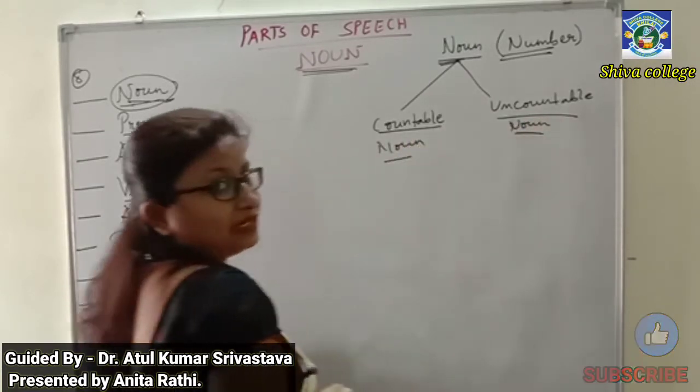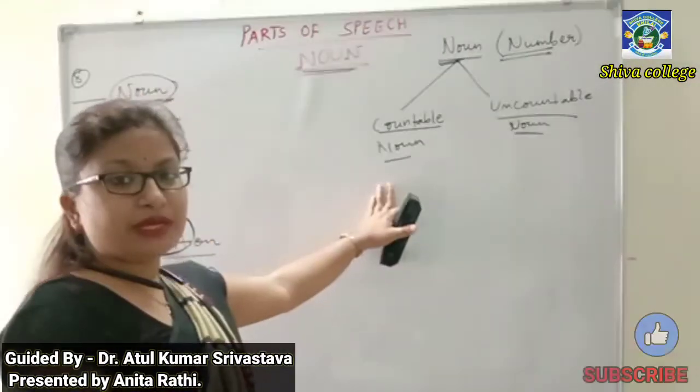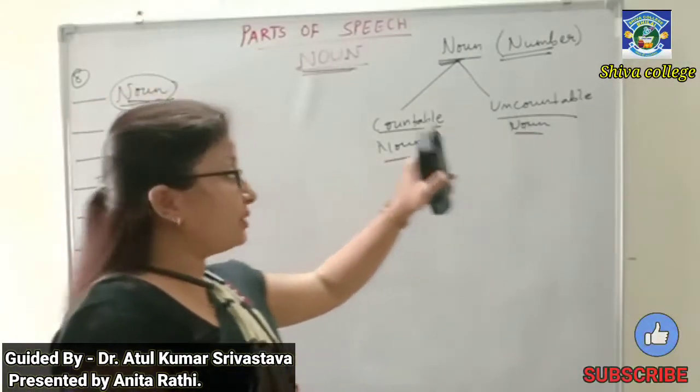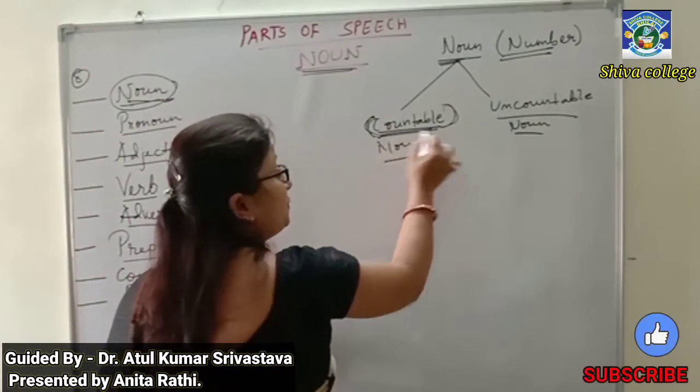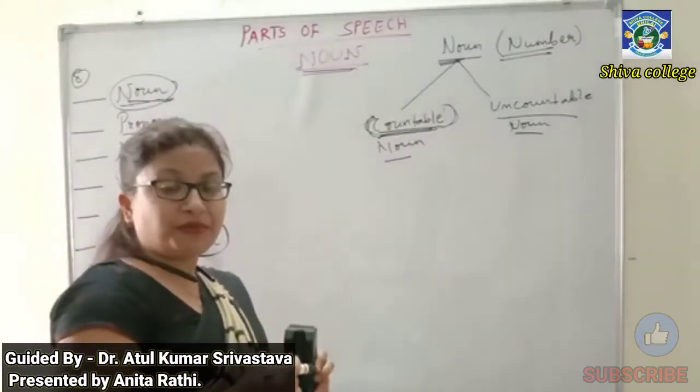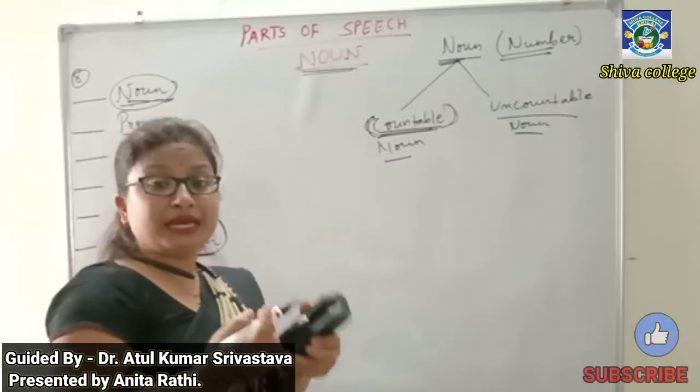Countable and uncountable noun. What is countable noun and what is uncountable noun? Countable noun, as the name itself suggests, countable. That means which can be counted, which you can count.